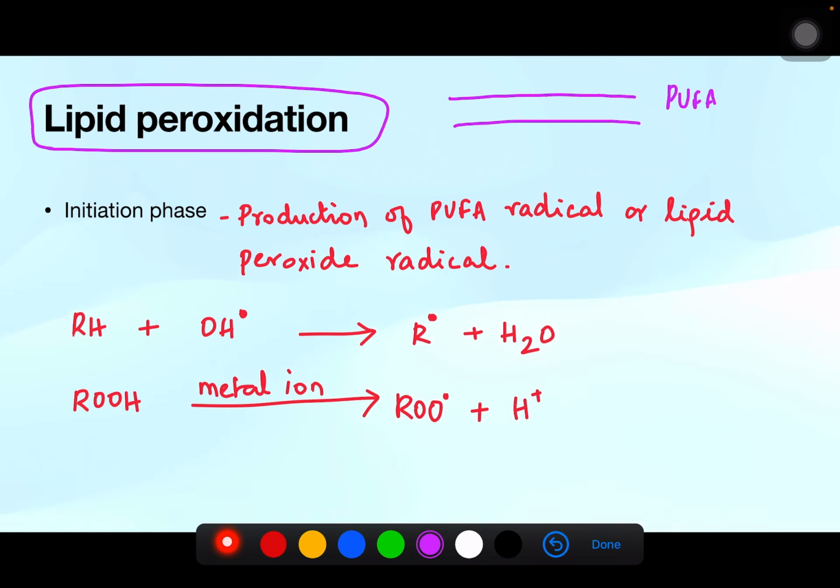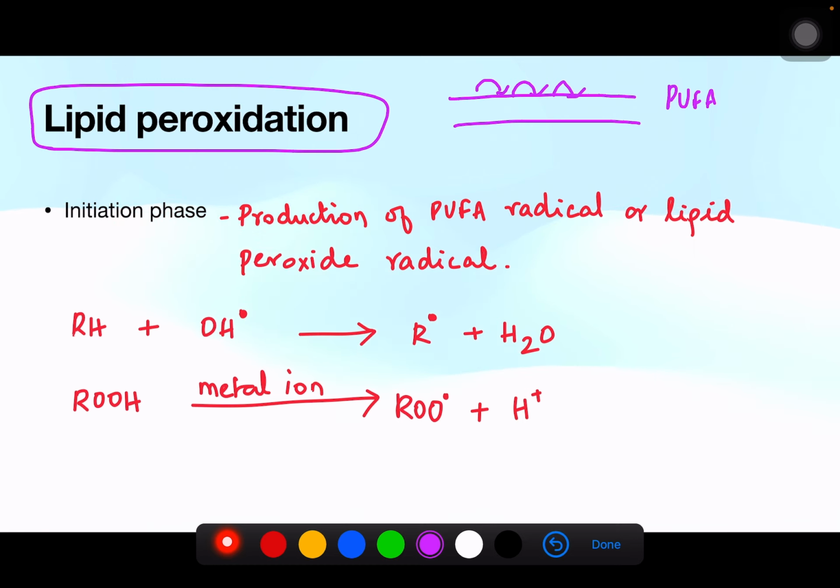Now it has three phases. One is the initiation phase, wherein the free radicals, lipid radicals are generated. Propagation phase, wherein there is a chain reaction by which all of the neighboring cells are attacked and more lipid radicals are generated, and there is loss of membrane function. And then the termination phase.